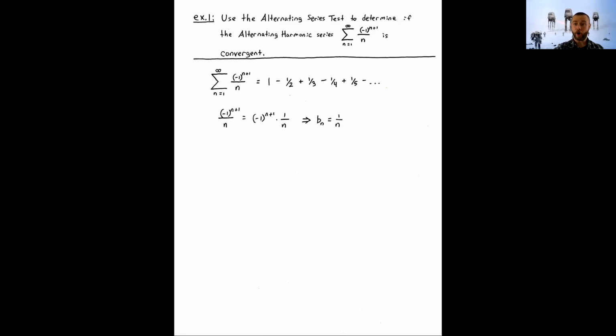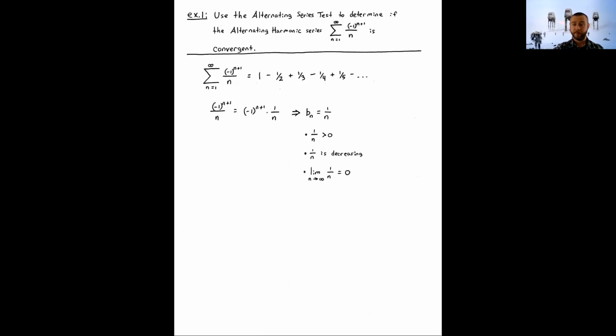All right, if we check all of the conditions for the alternating series test, 1 over n is certainly positive for all values of n. 1 over n is decreasing. That, I think, is pretty easy to see. 1 over n is a fraction. As n is getting bigger, the denominator gets bigger, and that fraction gets smaller.